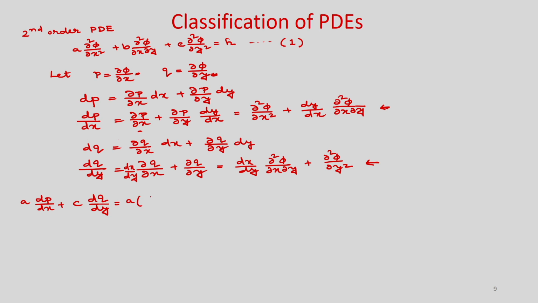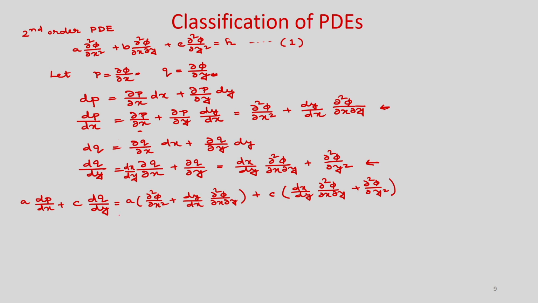It will be a del 2 phi by del x square plus a dy by dx del 2 phi by del x del y, plus c into dx by dy del 2 phi by del x del y plus c del 2 phi by del y square.